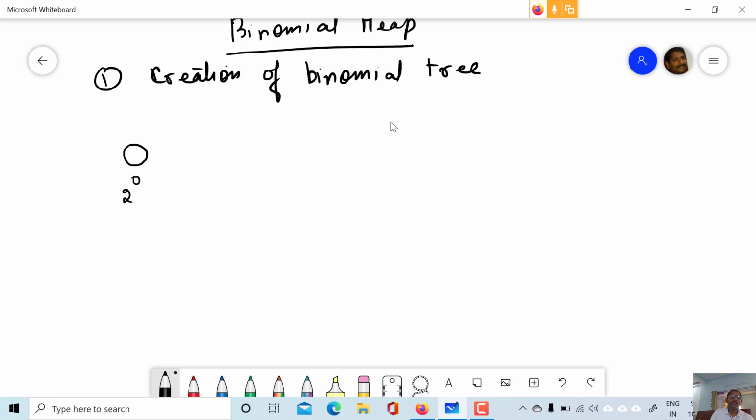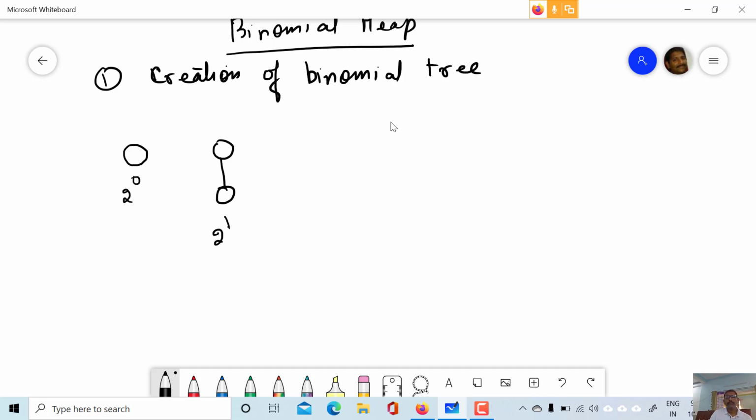The second binomial tree is this one. That means the single node will be made the child of a new node. So this binomial tree will have 2 power 1 number of nodes.